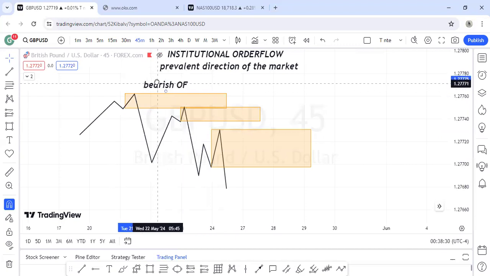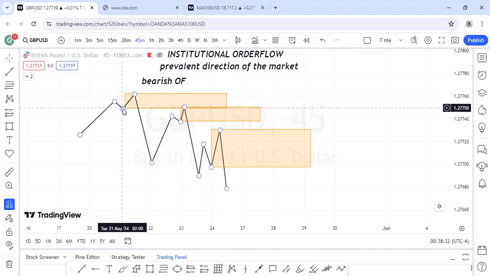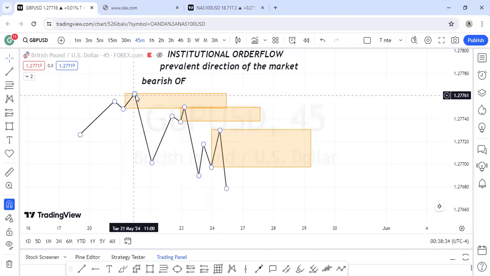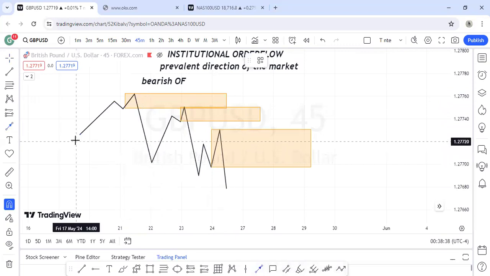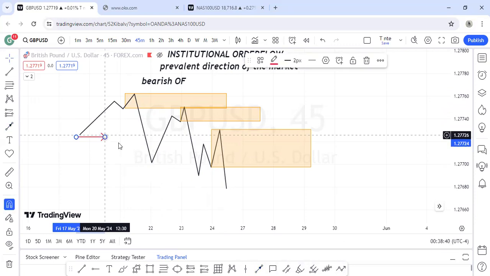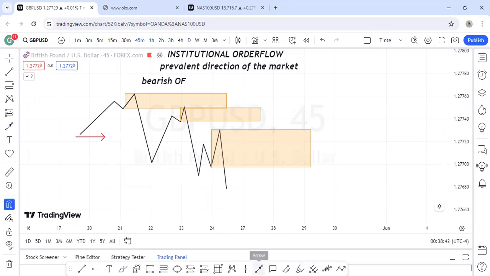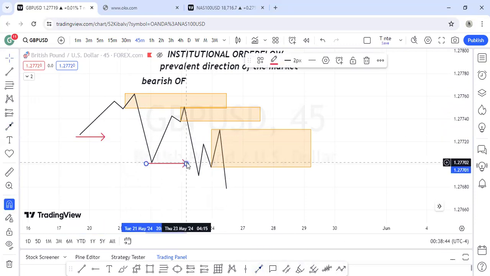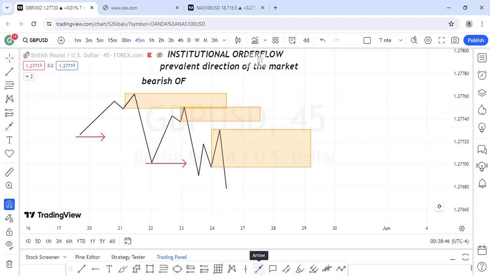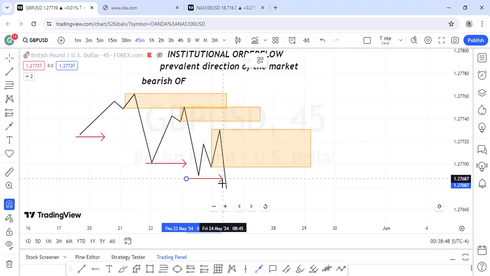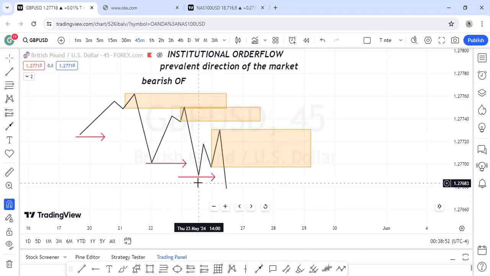When you see the market delivering like this, number one, you want to see the market create an up push and then displace to the downside. This is a displacement to the downside, and the market is breaking structural lows. We can say this market is having a bearish order flow. So this is how to identify order flow.